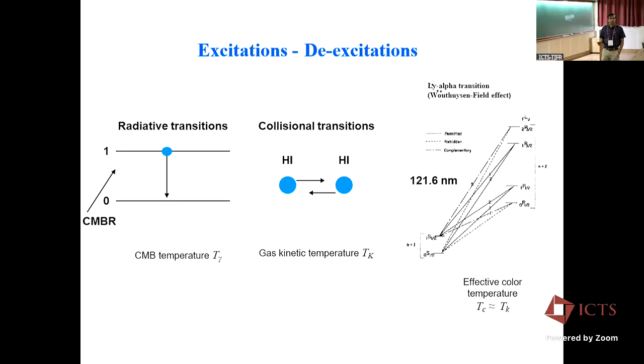So this is radiative transition. If you have a radiation background around 21 centimeter wavelength, we already have it because we have the CMBR, and it has this 21 centimeter photon as well.